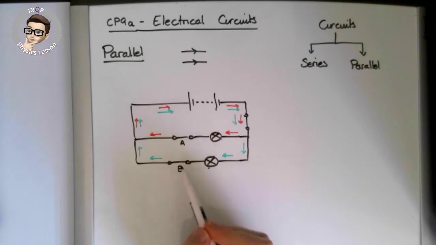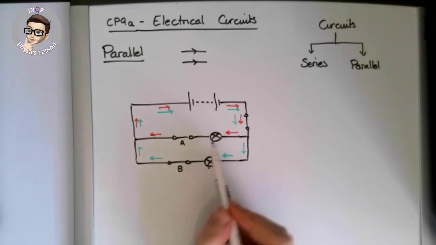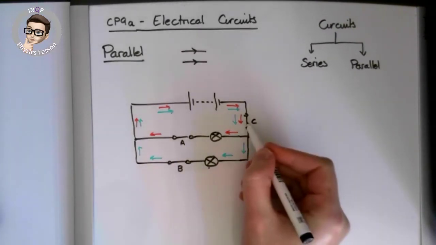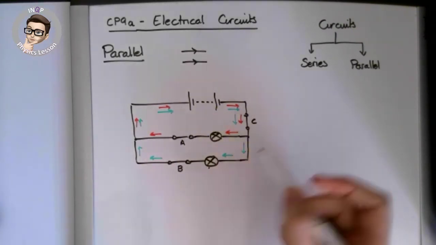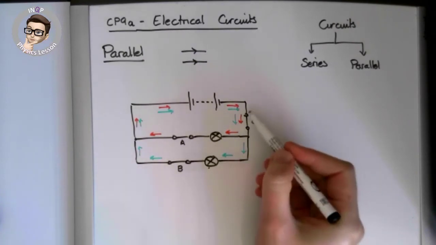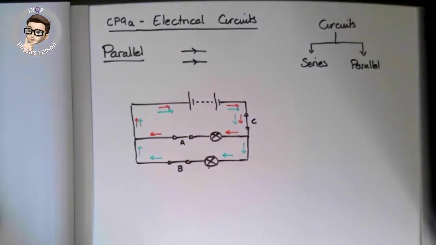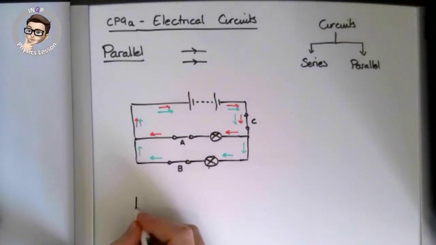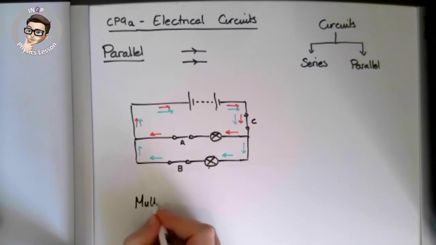If I turn B off, then only A would light up if A was back on. And if I turn C off, so if I open this switch, then neither will work because no electrons can come out of the battery itself. So a parallel circuit has multiple routes.